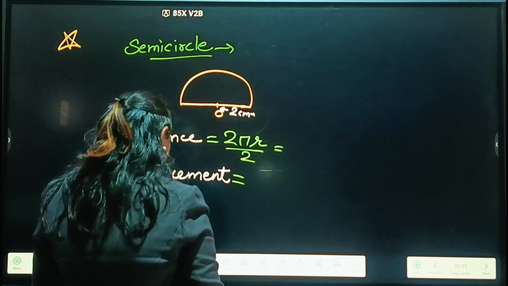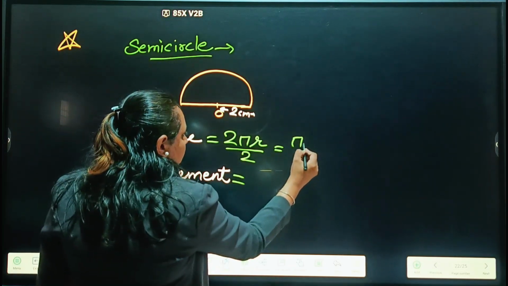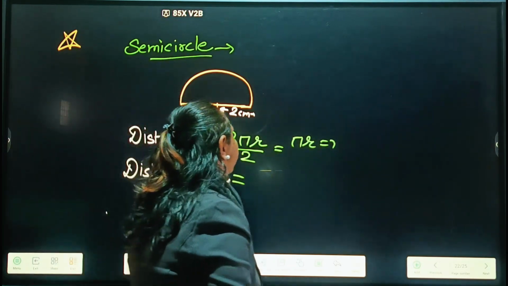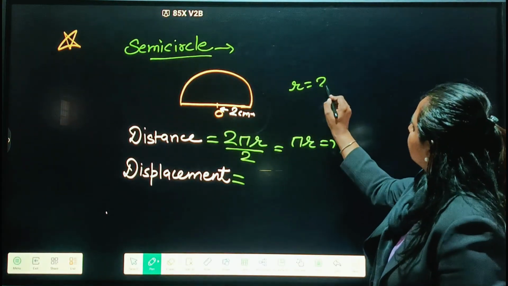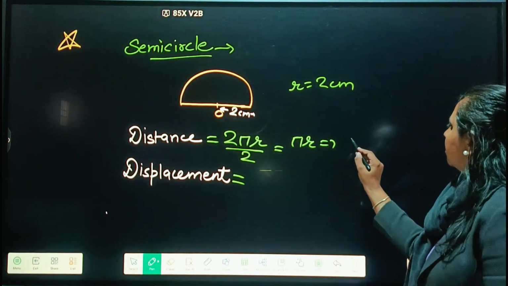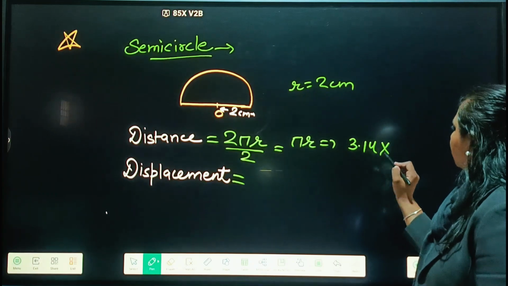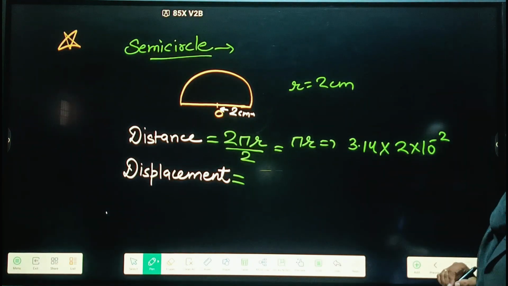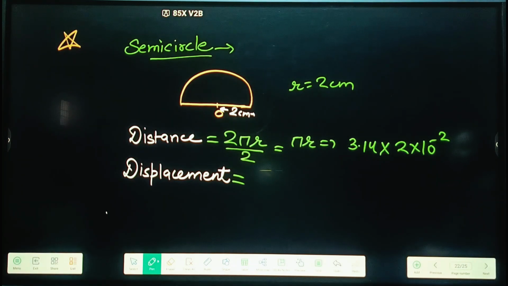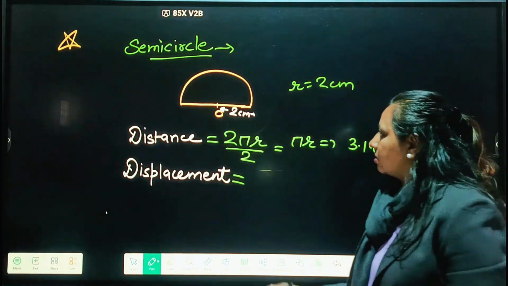That means pi r, putting the value of pi and r is given 2 centimeter. ठीक है, so pi into r is 2 converted into meters, multiply by 10 raised to power minus 2. So this is how we can find the 6.28 into 10 raised to power minus 2 is a distance.